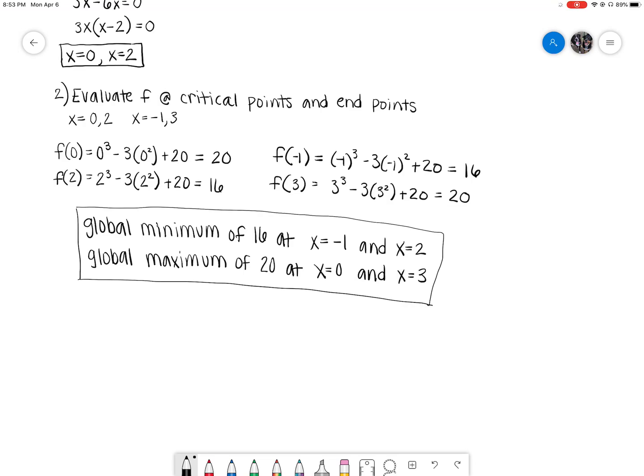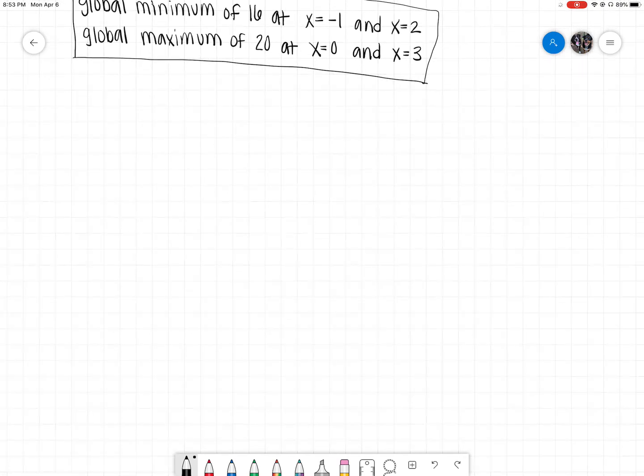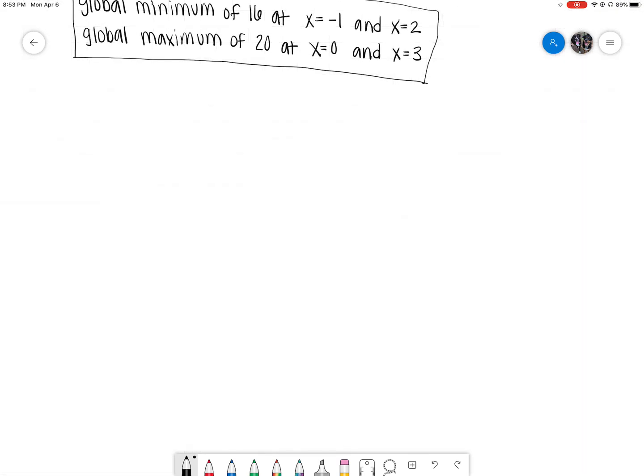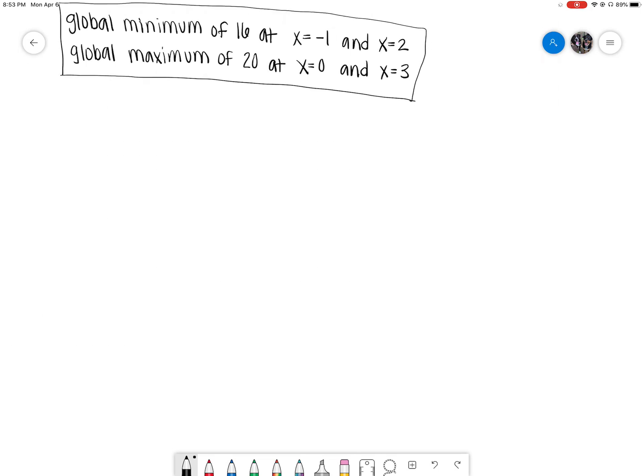Now this was for if the function was defined on a closed interval. Things are a little different if the function is defined on an open interval.